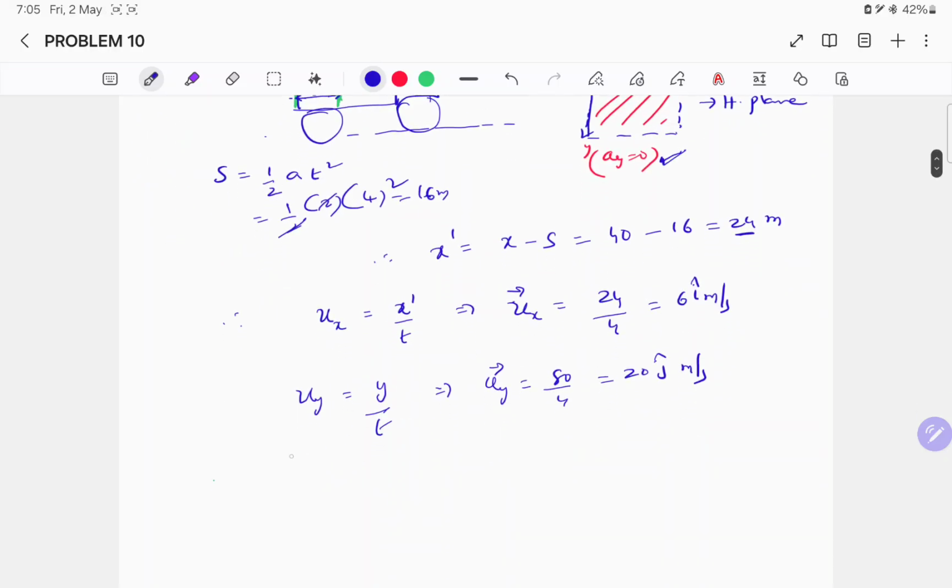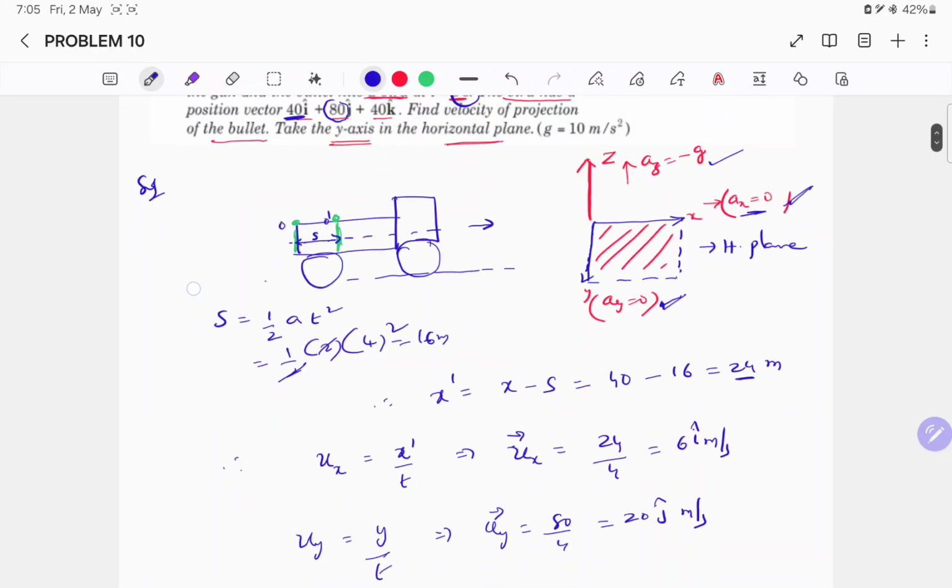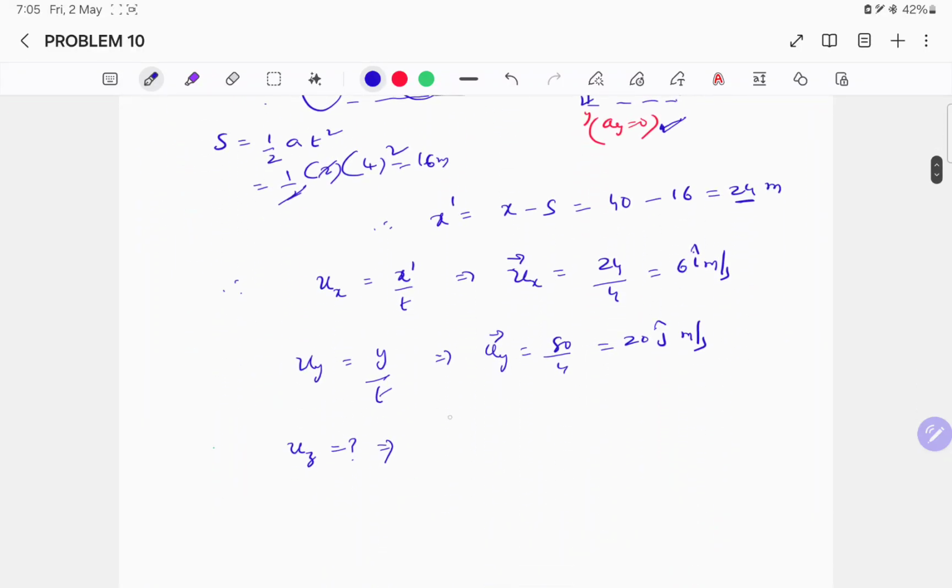Now coming to the point of how to find the velocity component along the z-axis. For this purpose, because along the z-axis there is a retardation which is due to the gravitational force, we need to use equations of motion. So I'm simply applying the second equation of motion, s is equal to ut plus half at square. z is equal to uz into t plus half az into t square.